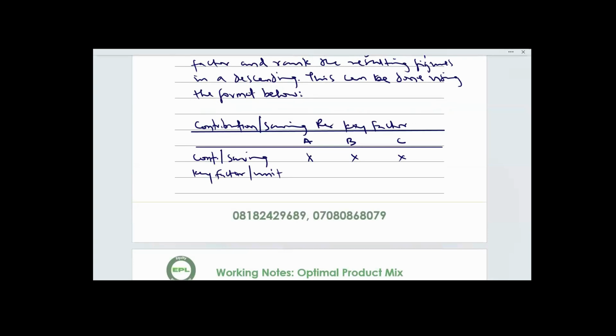It could be material kilogram, it could be labor hour. Then you now determine the contribution or savings per key factor. Okay? So what this simply means is that you divide the contribution or saving by the key factor.